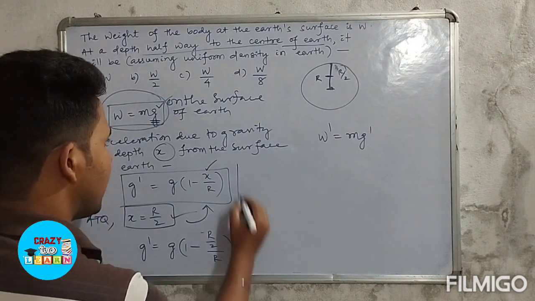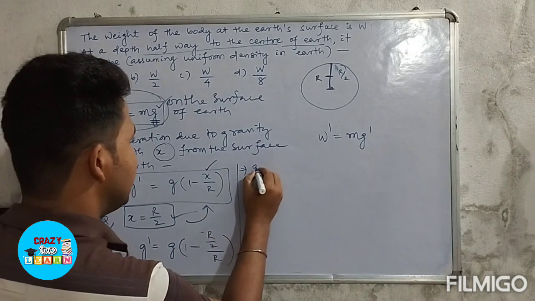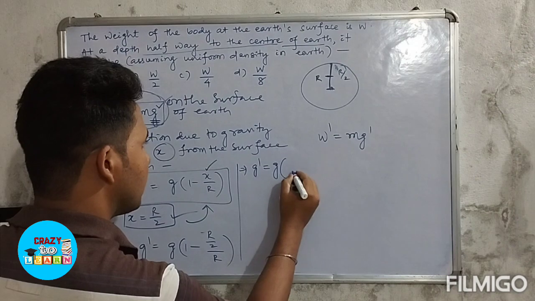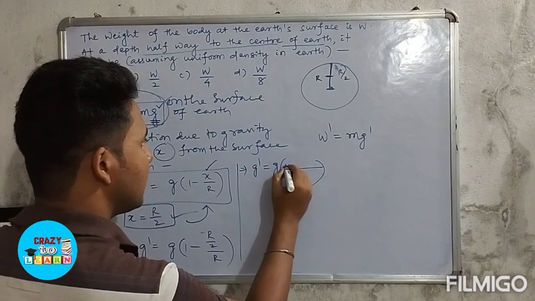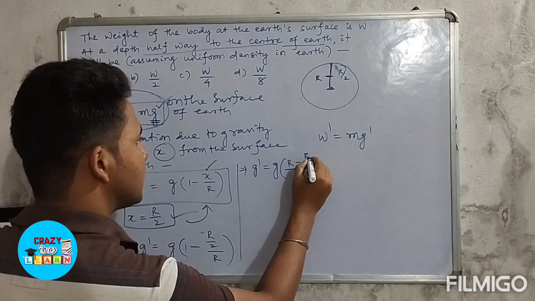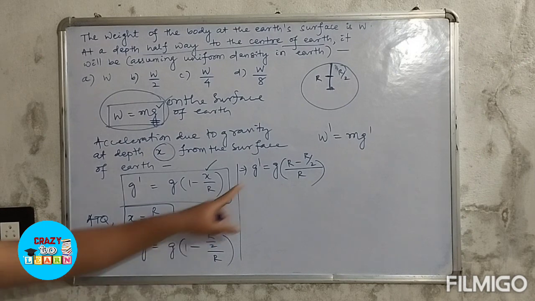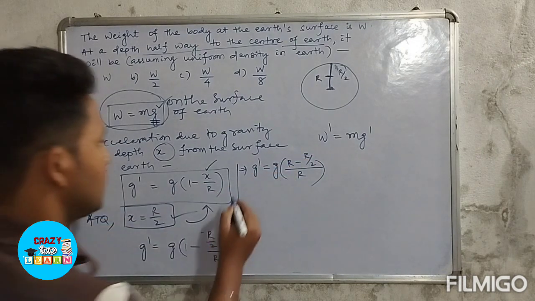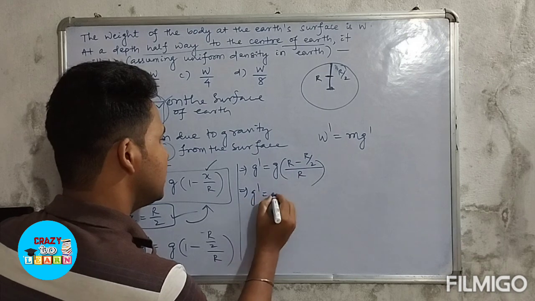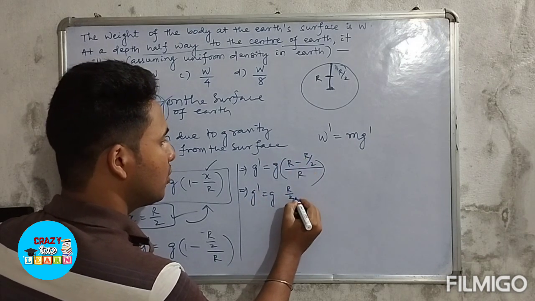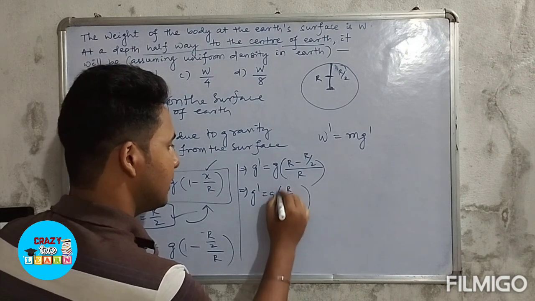So when you solve, what will you get? g dash is equal to g into, just take the LCM r, r minus r by 2, which is r by 2, divided by r.